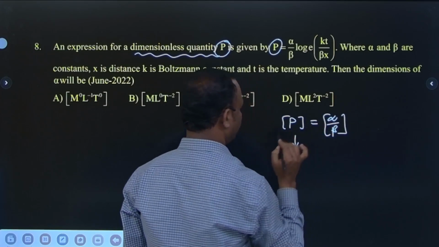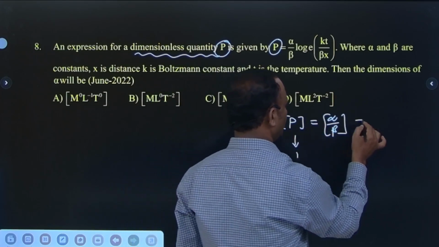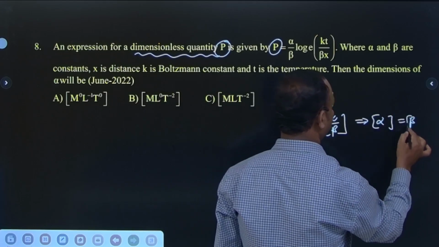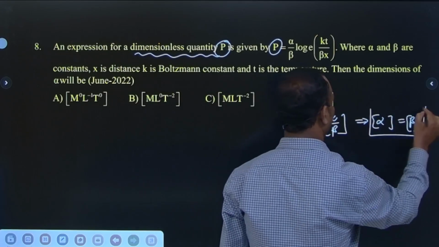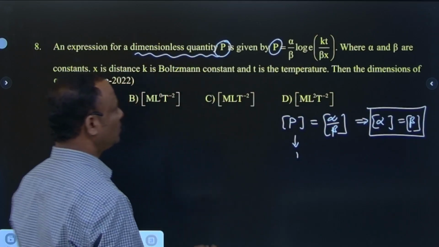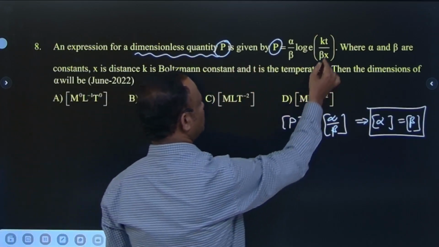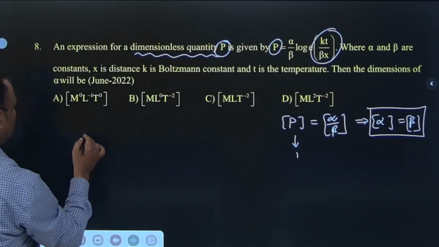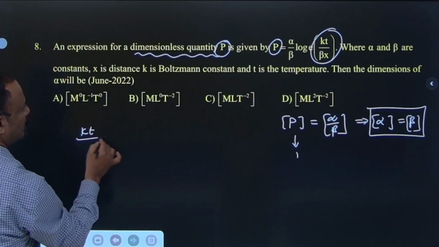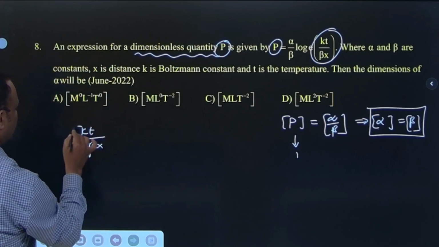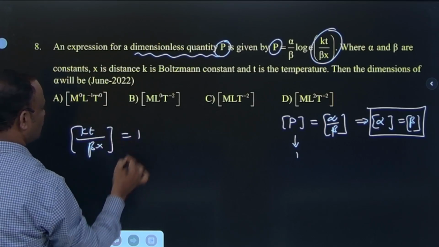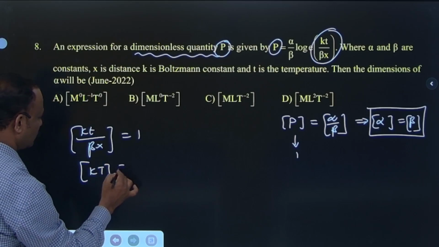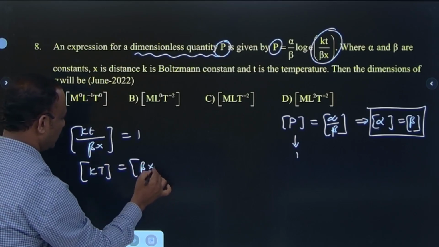Then the dimensional formula of alpha must equal the dimensional formula of beta. This is an exponential form, correct? So the dimensional formula of kt by beta x must be 1. The dimensional formula of kt equals the dimensional formula of beta x.